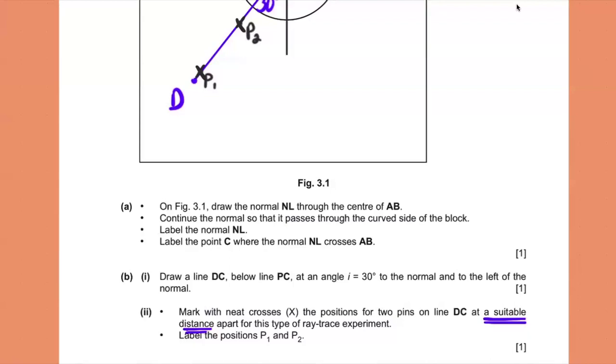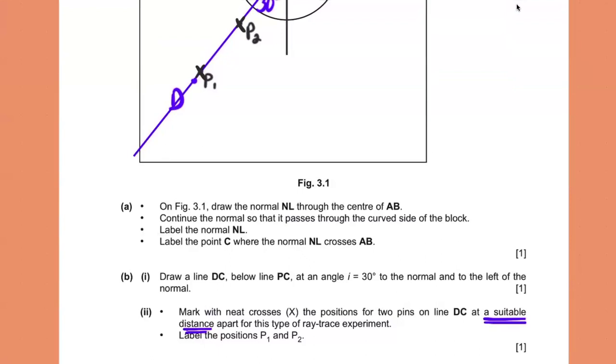So in this case, they were supposed to be 5 centimeters apart, is what the examiner says. So actually, try to make this a bit like what the examiner wants us to do. Right? And then I pick this up.